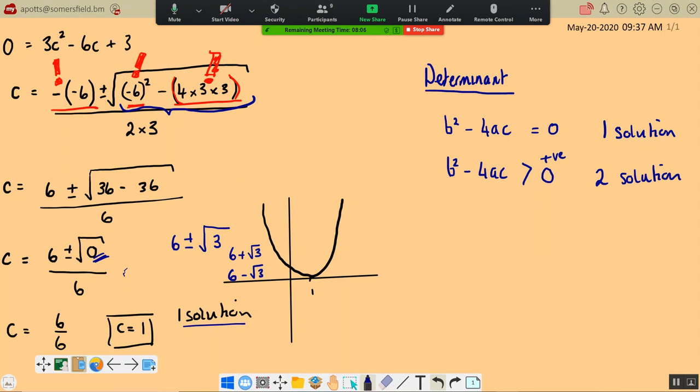But something we talked about with vertex form, there is another possibility, which is, what if the b squared minus 4ac is actually less than 0, which means we have a negative number? What's the thing there? Exactly.